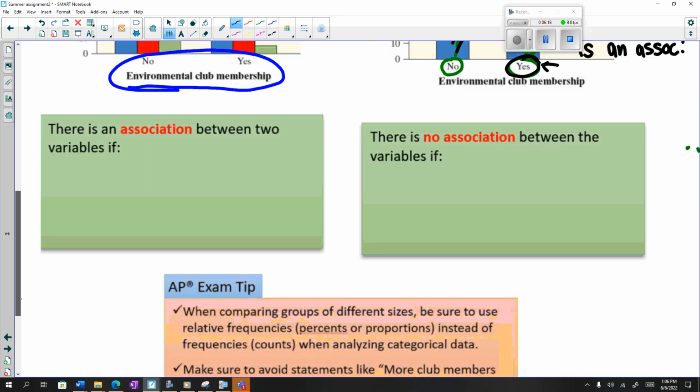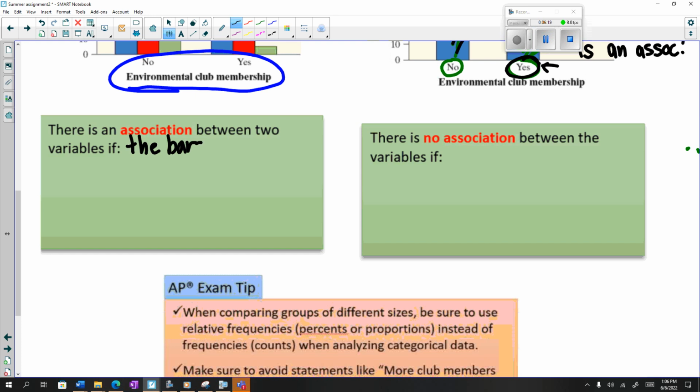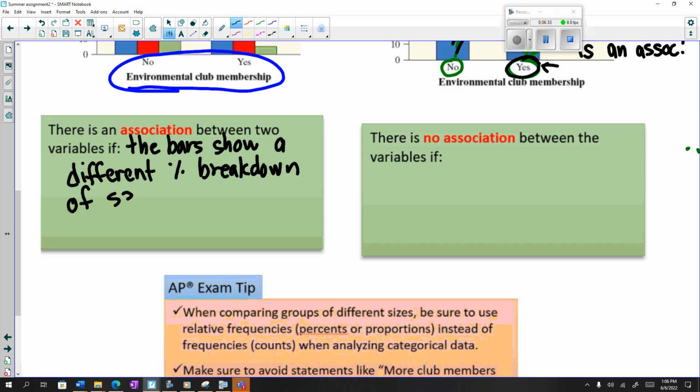So there is an association between these two variables if the bars show a different percent breakdown from bar to bar. Okay, so if the segment breakdown is different from one bar to the next, then there is a relationship between the two because one thing is different than the other.